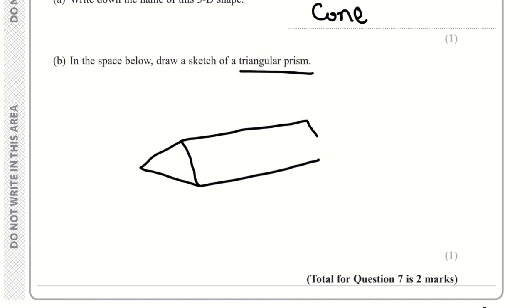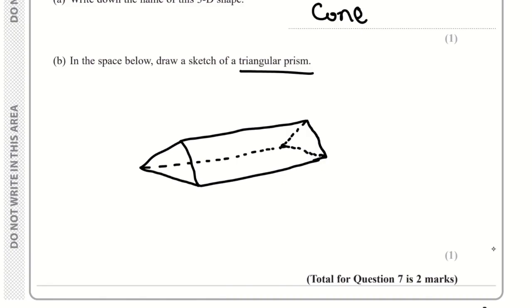And I just join it like so. And then you go like this, and then like this. Okay, that can be better. And then like this. Then we'll join it here. Okay, this is a triangular prism.